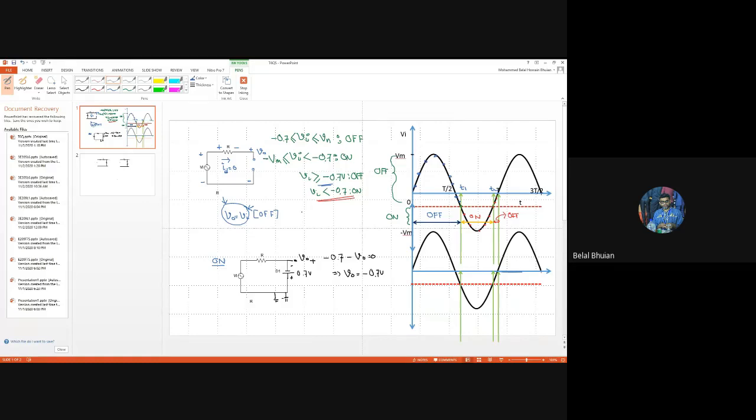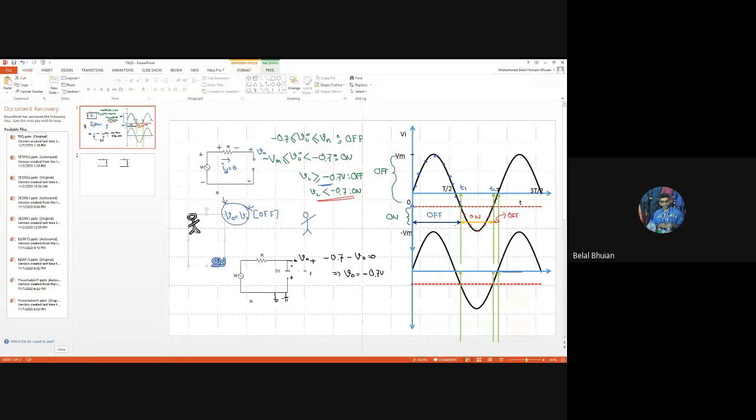Let me give you an example of copy and paste. Let's say this is a figure which is dancing. If you want to copy and paste, what are you going to do? Let me draw here.